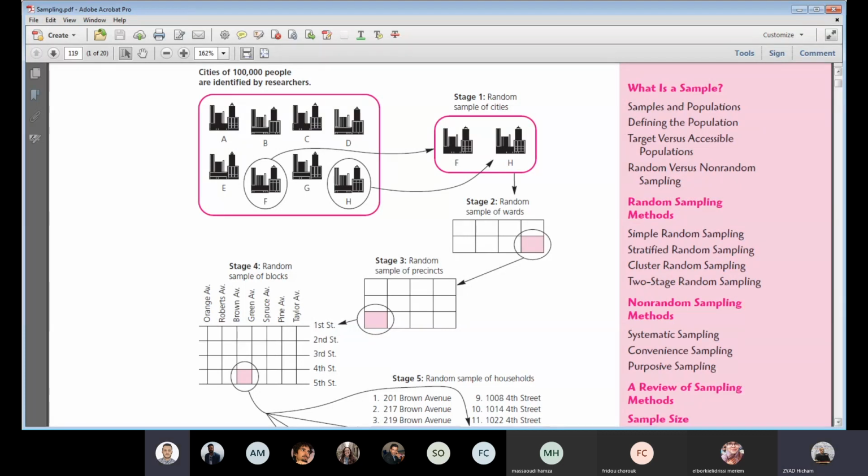Sir? Yes, please. In a simple random sample, as we said, every member has an equal chance of being selected.